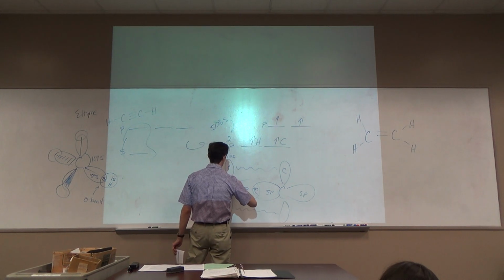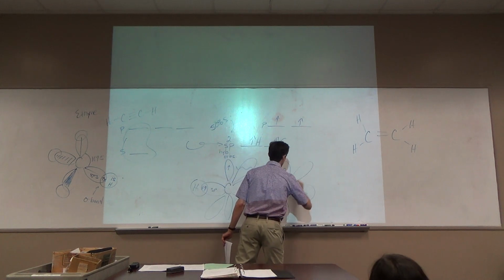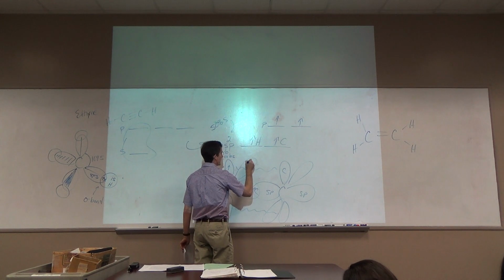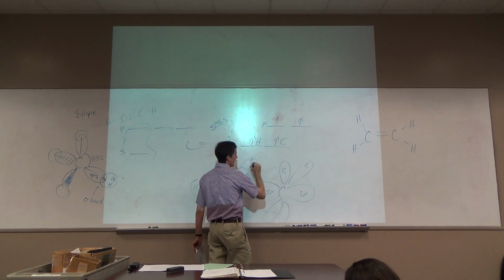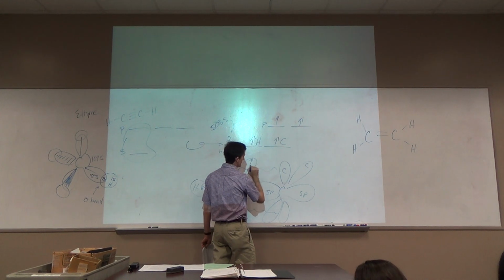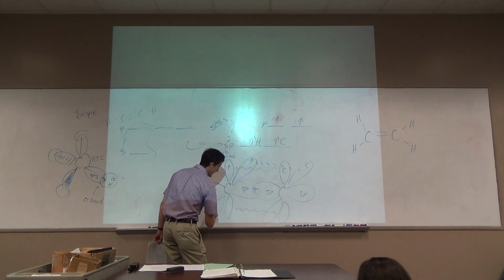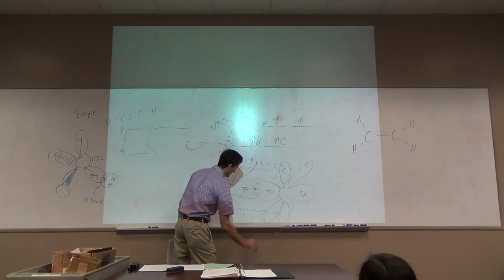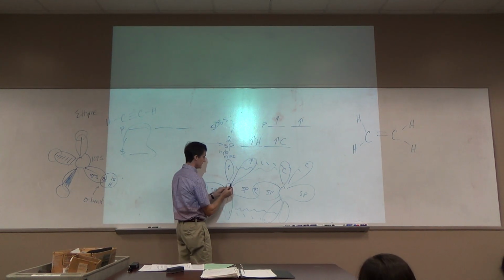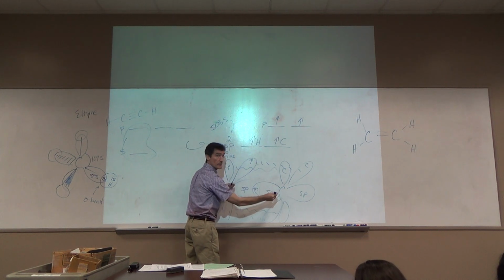I'm going to sort of draw it like this. 1 electron, 1 electron. And it's not good here. These are sort of interacting side to side. Basically what we have here is those 2 p orbitals are coming out like this, and they're interacting side to side to make the second pi bond.